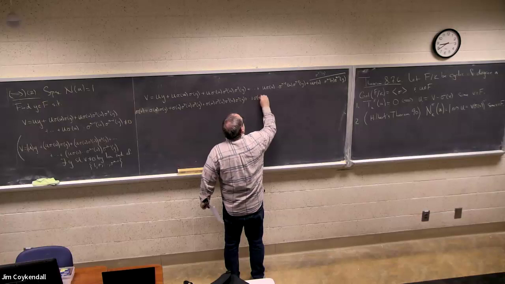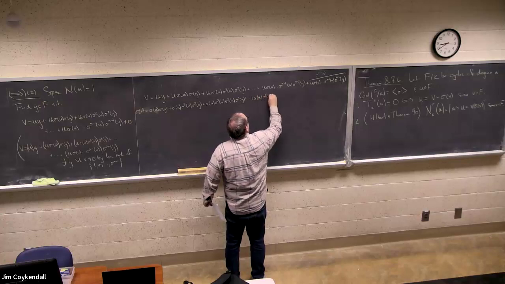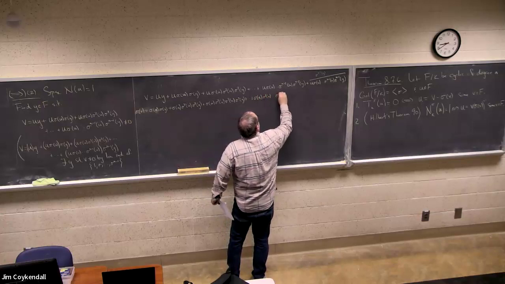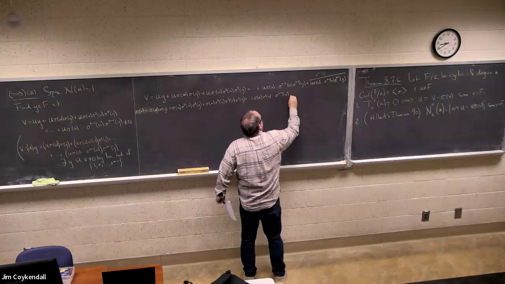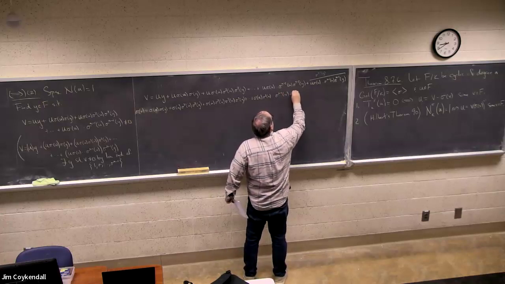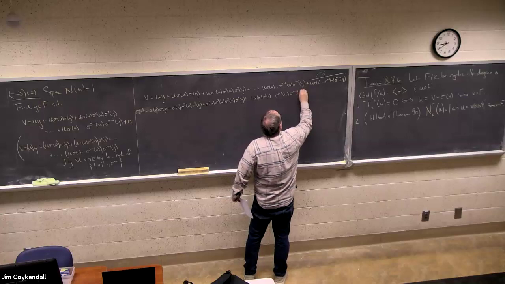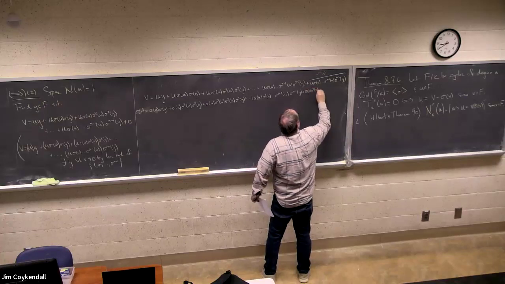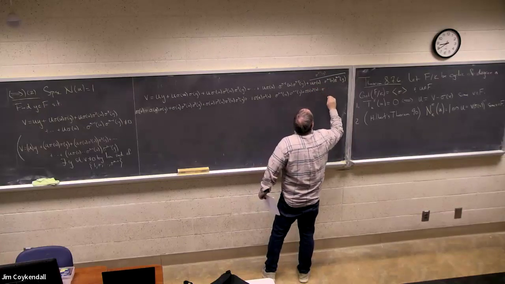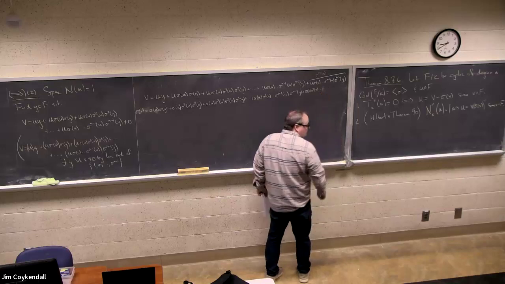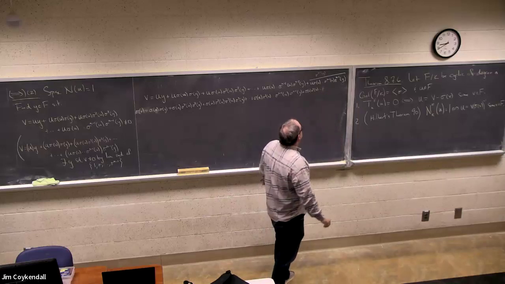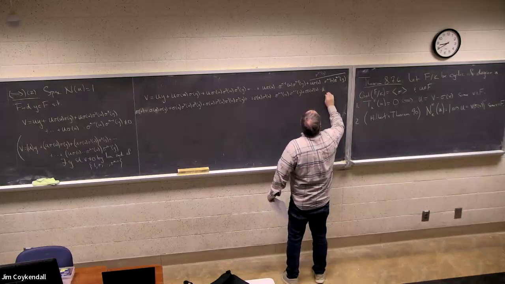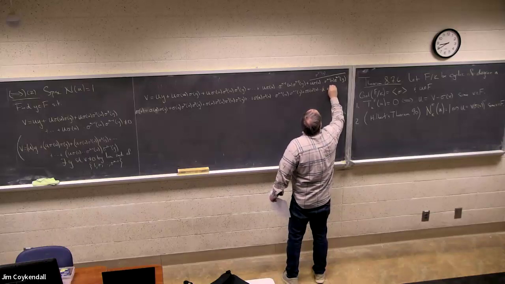Up to sigma u through sigma n minus one u, sigma n minus one y, plus sigma u sigma squared u through sigma n u, which is u, sigma n y, which is y.